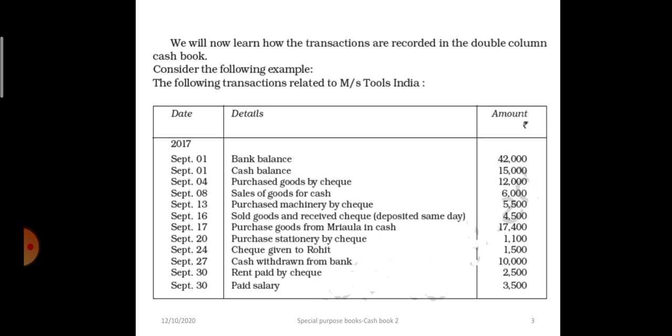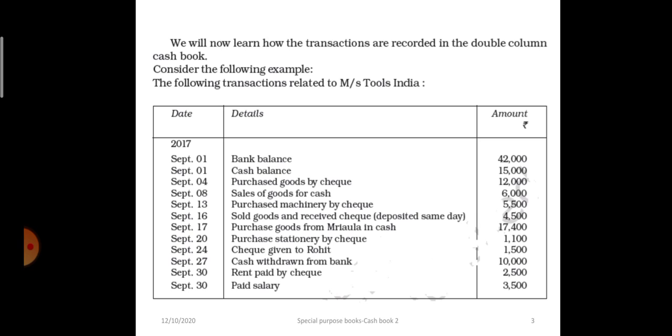Now, to understand the two column cash book, we are taking one illustration with the following transactions. The first one: on September 1 the bank balance was 42,000 and the cash balance was 15,000. Cash columns will always have a debit balance, and the bank column may have a debit balance or a credit balance. If there is a credit balance, it is known as bank overdraft.